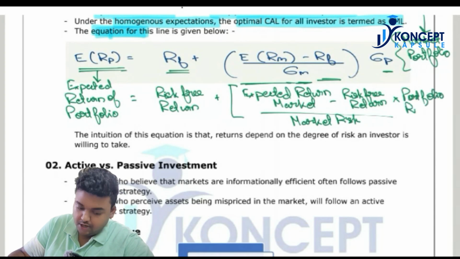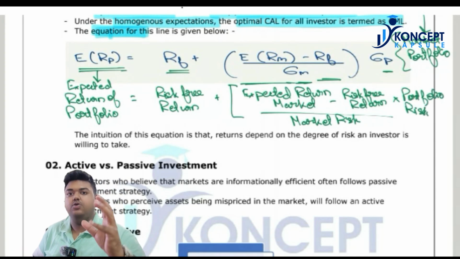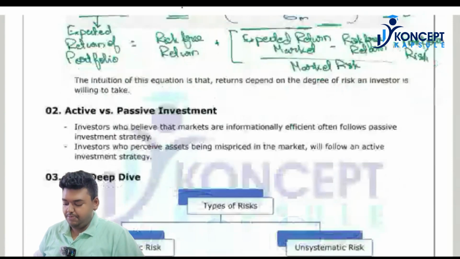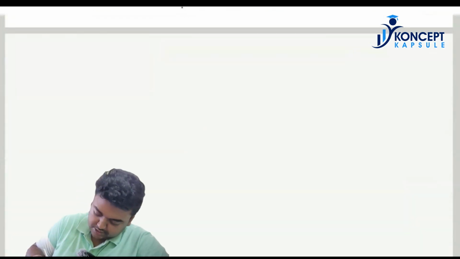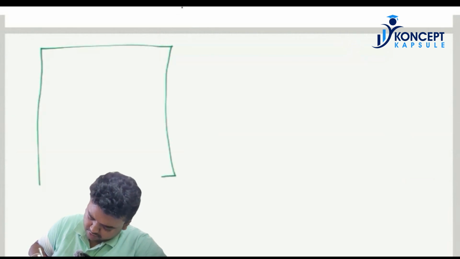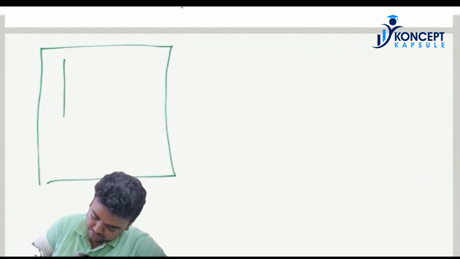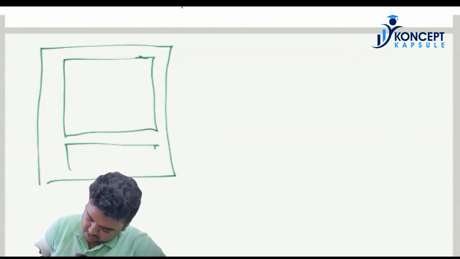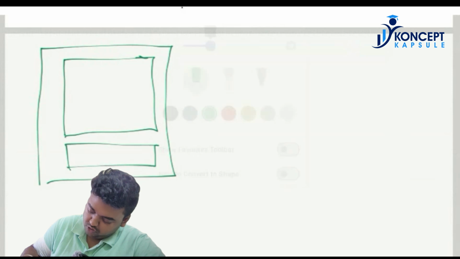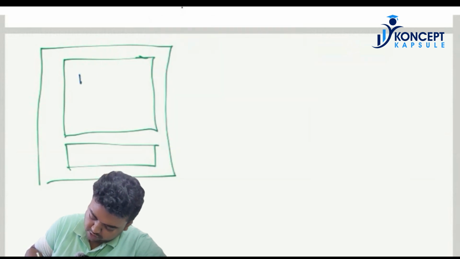Now let us understand this equation in a better manner so that we are able to develop the concept. See what we were saying. What is a capital market line? It is nothing but a capital allocation line with a market risky portfolio. So over here we have the market portfolio.